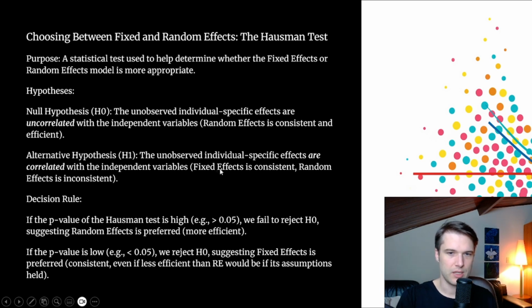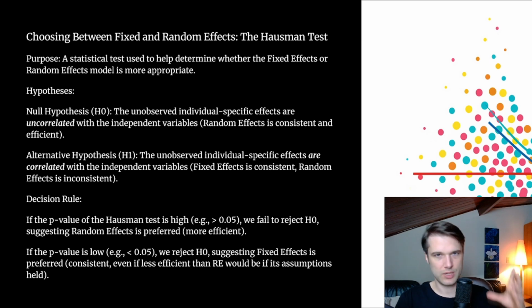And if you reject, then you choose fixed effects. But don't worry too much about this right now, because I'm going to show you how to run the Hausman test on our software, the software that we use in this class. So you can run the Hausman test, choose the best model, the best fixed or random effects model, and then you just apply the model and present it in your paper to analyze your results, right?